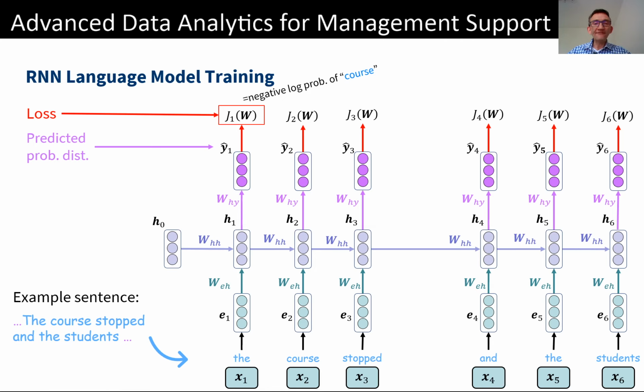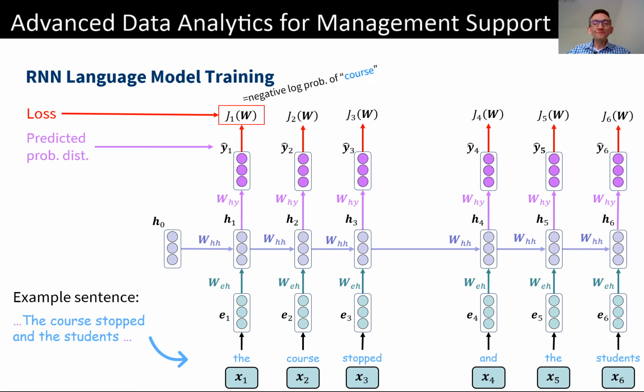And since we have a multi-class classification problem, every word in our vocabulary represents one class, and we are trying to predict the next word, so the right class that corresponds to the input "the".